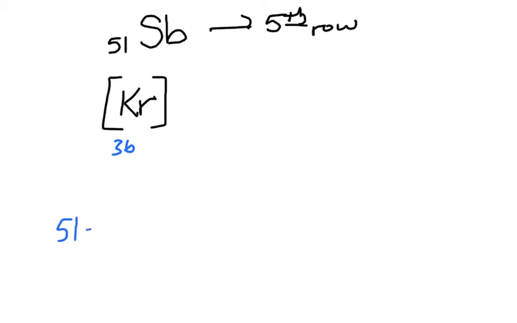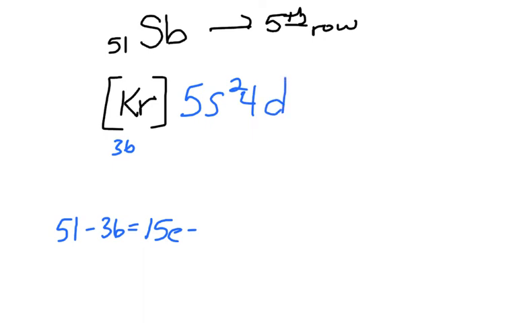So I need 51 minus 36. I need 15 more electrons. Since Sb is in the 5th row, I'm going to start out with 5s2. I put 2 in there. And then I'm going to go 4d. Can I put 10 in there? Yep. That gives me 12 electrons. That means what's left for the 5p is 3. So make sure, yep, 15 electrons. There you go. Let's try one more.